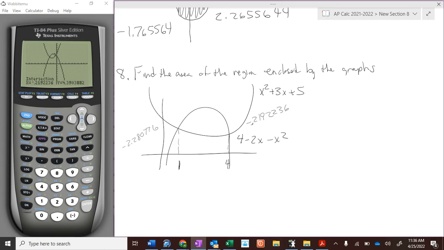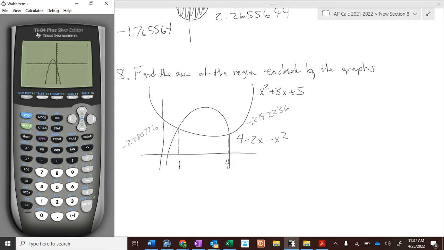So, which one's on top? Y1 or Y2? So you go Y equals, and turn off that one, turn off that one, turn off that one, turn on that one, graph.